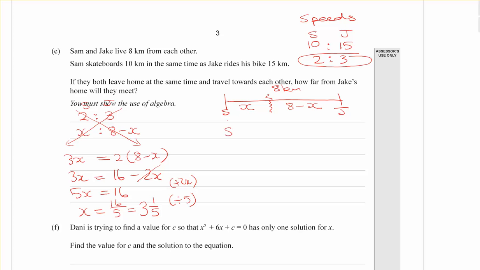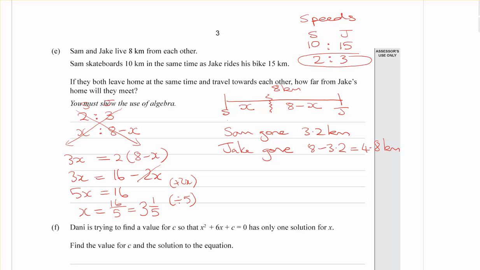So Sam will have gone 3.2 kilometres and Jake would have gone 8 minus 3.2. So 8 take away 3 would be 5, and taken away another 0.2 would be 4.8 kilometres.